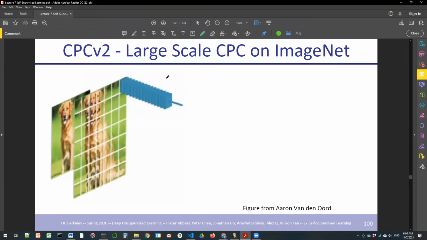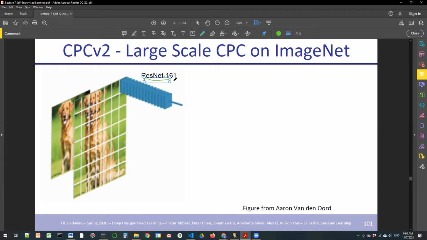Let's see. So what they did in the case of CPC v2 is they use a much larger ResNet. So far we had been using ResNet 50, ResNet 100 maybe, but they used a ResNet 161 as compared to v1. Also, they use 2x the width, which means the number of channels. It's always confusing to me that width is used in many instances to indicate the number of channels.